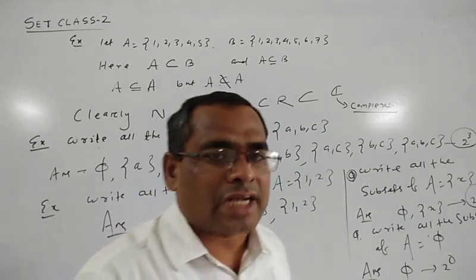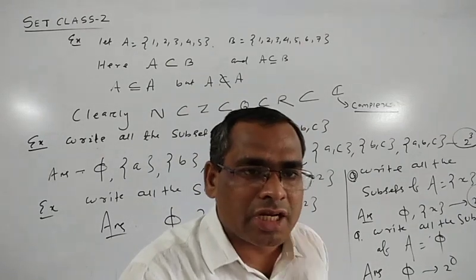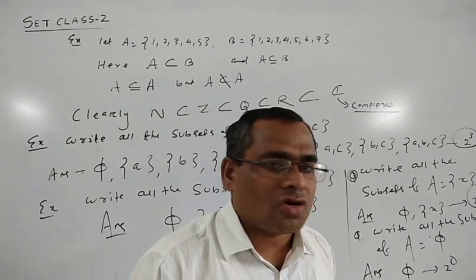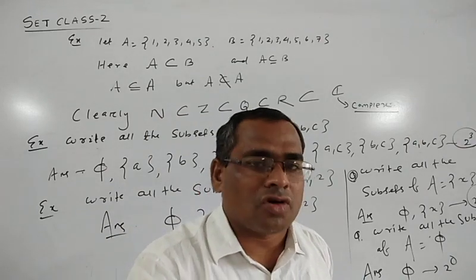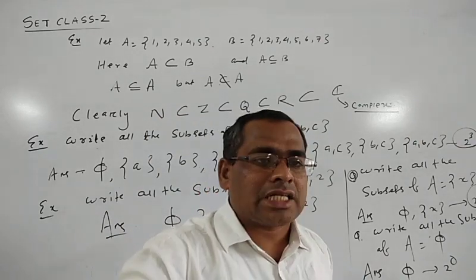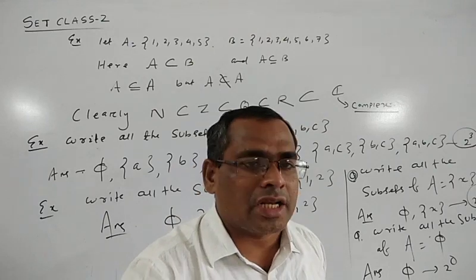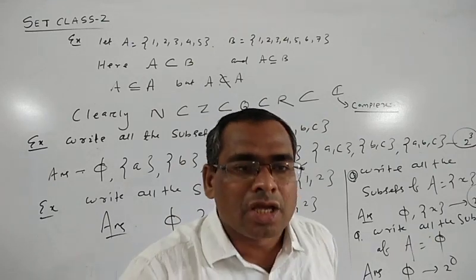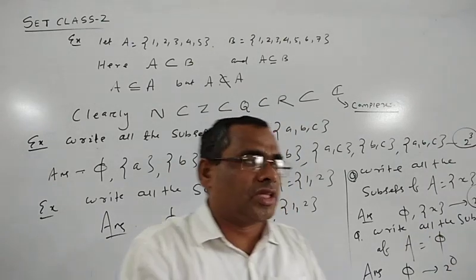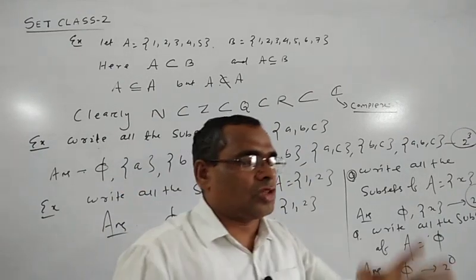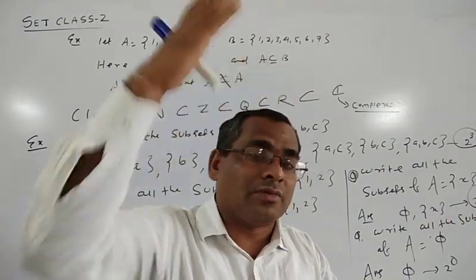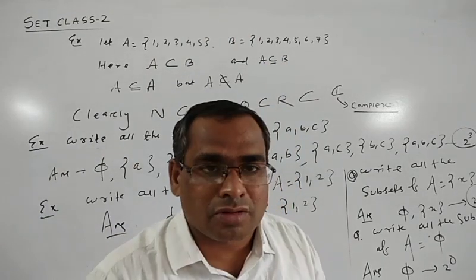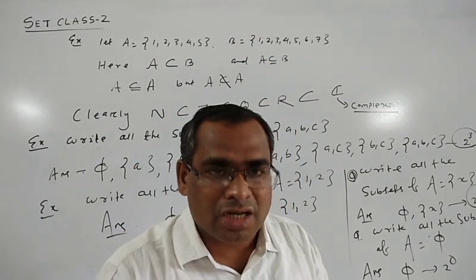How to create the subsets? First you create a subset containing no element. Next you create subsets containing a single element. Next you create subsets containing 2 elements. In this way you can create all the subsets of the given set. Suppose a set has 10 elements, then its subsets will be 2 to the power 10, which means 1024. Is it possible to write all the subsets?